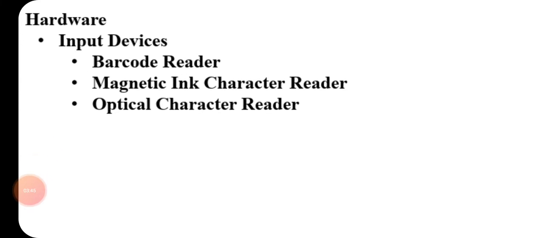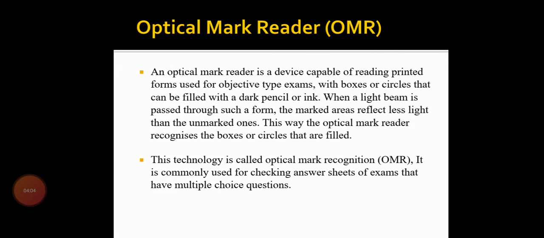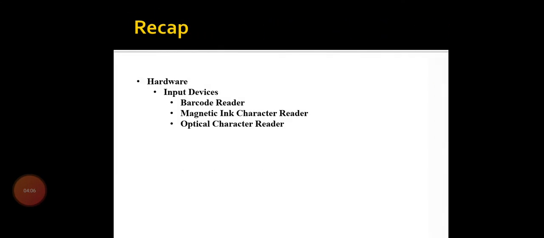Next is your magnetic ink character reader, MICR. It uses a special ink that contains magnetic particles of iron oxide. If you remember, I told you MICR is especially used in banks. The last is your optical character reader.